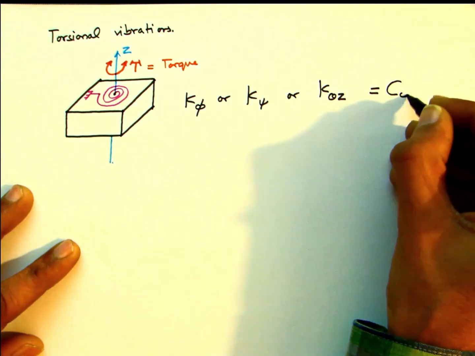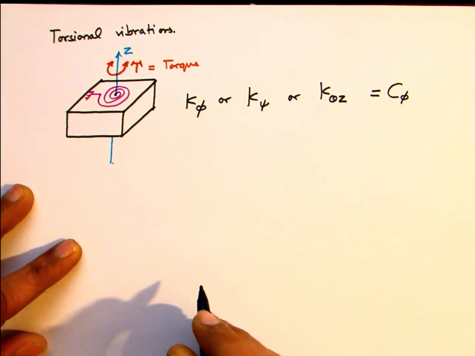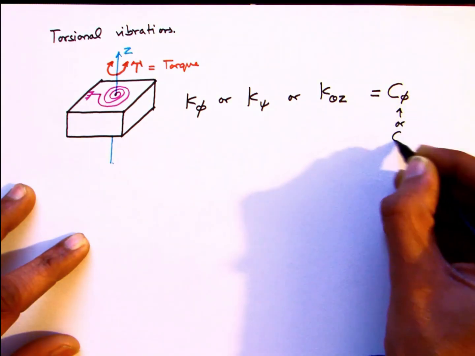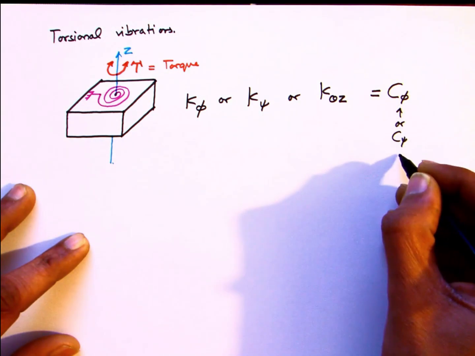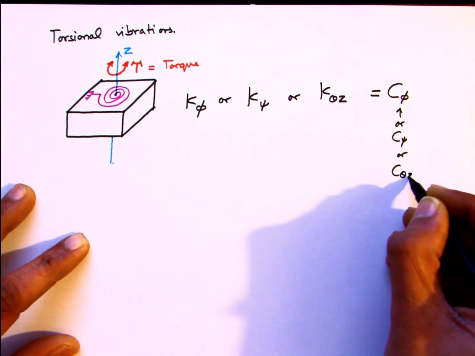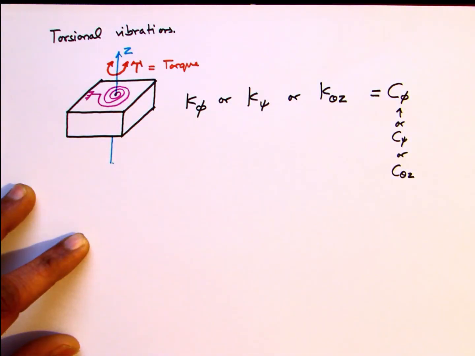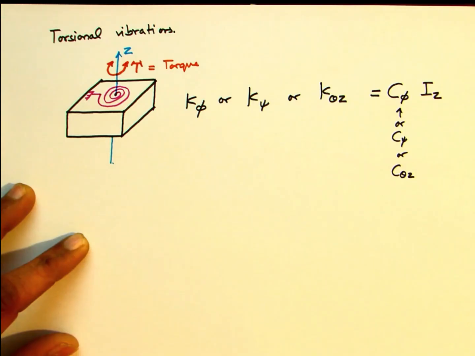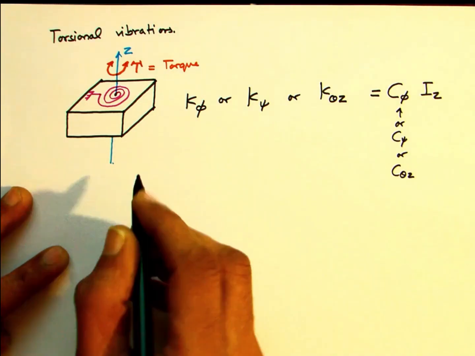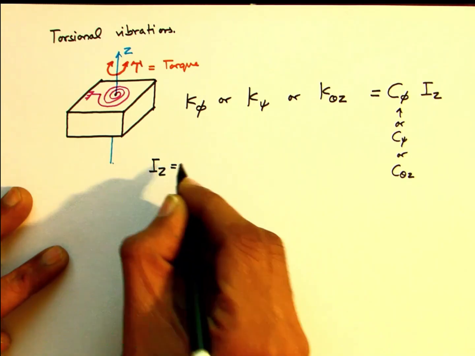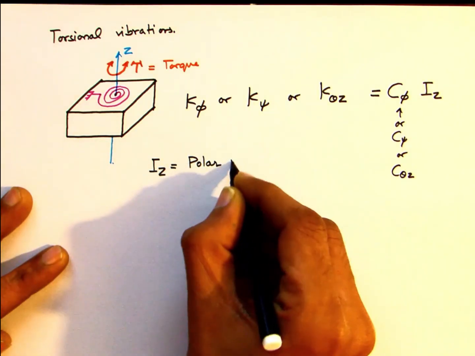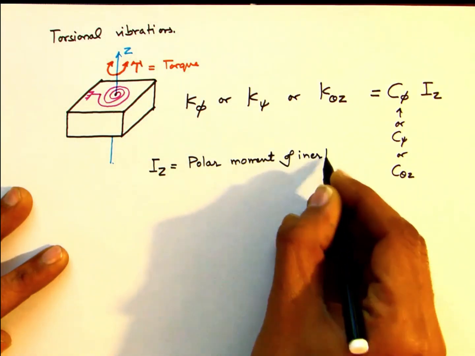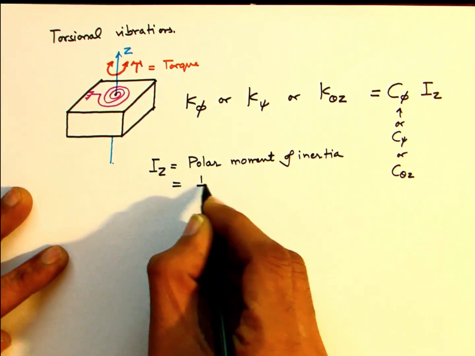As we have learned for the other rotational stiffnesses, this is given by the product of C phi. C phi is the coefficient of elastic non-uniform shear, and now you can guess which moment of inertia shall come as the product. This is Iz, the polar moment of inertia, and this is the sum of the moments of inertia Ix and Iy, which were used in the case of rocking and pitching.